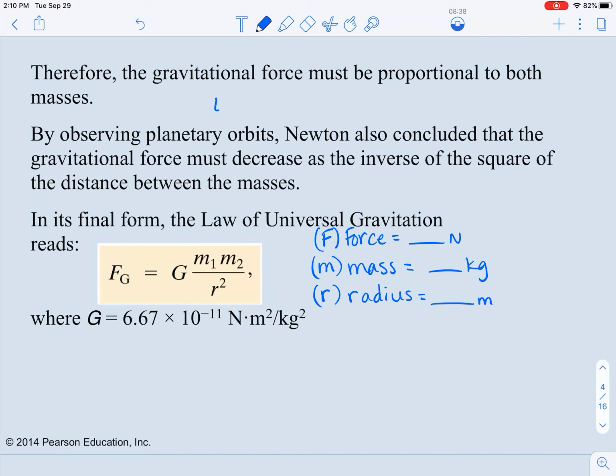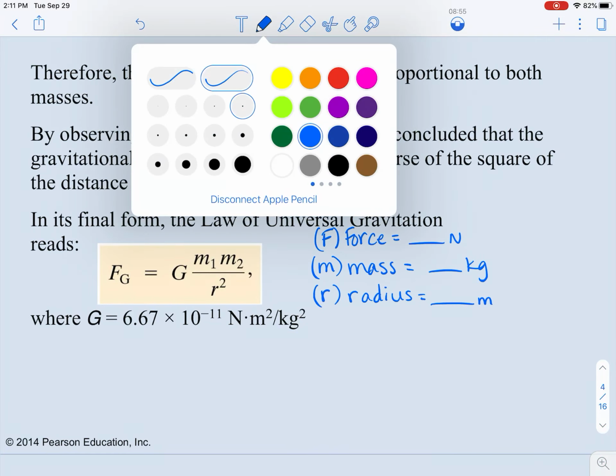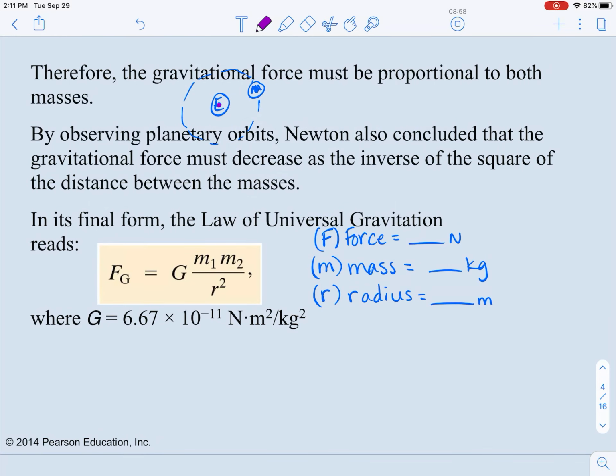So if we have the Earth and then we have the moon, we know that the moon is going to follow, for argument's sake, say a circular pattern around the Earth. So at any given time, the center of the Earth and the center of the moon are some distance apart, right? Well, if I look at the moon's orbital path, that's a circle. This is essentially the radius of the circle.